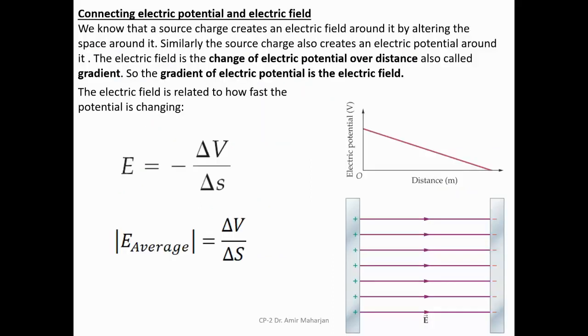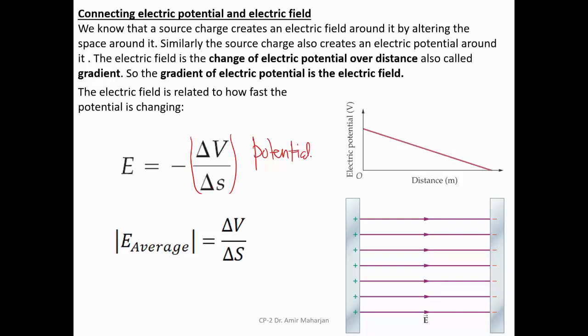So that's the reason. And what's the relationship between electric field and potential difference? Basically it says the electric field is the potential gradient. Delta V over delta S is simply called potential gradient.